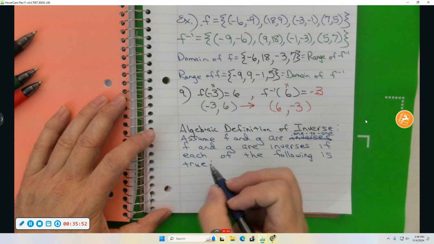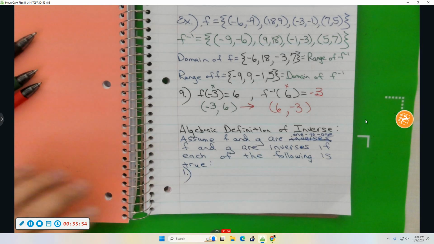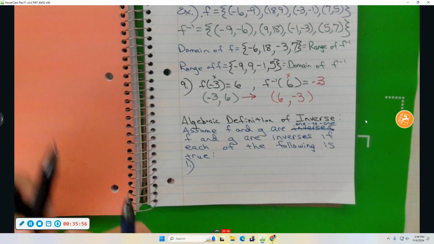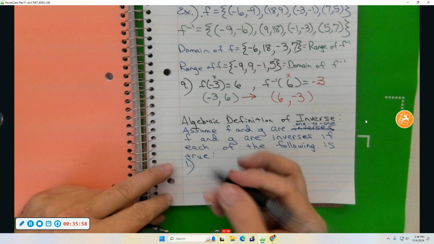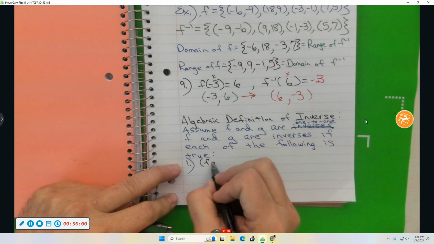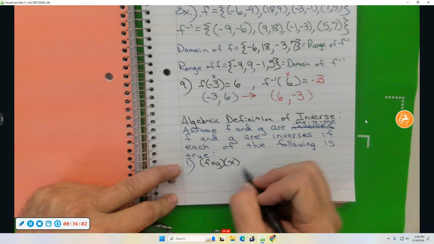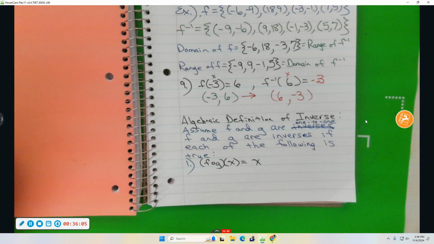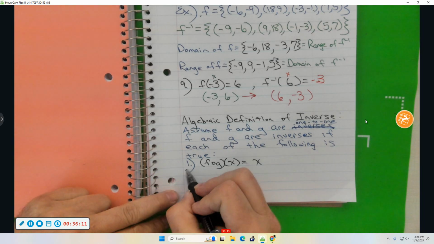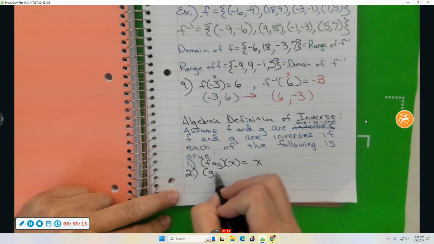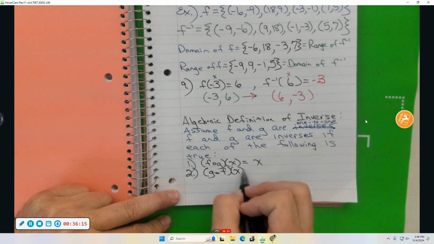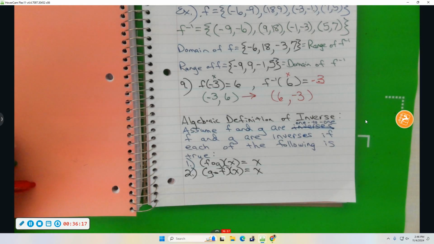There are two conditions. One, if you find f composed with g of x, it has to reduce to x for every x in the domain of g. And if you reverse the composition, if you find g composed with f of x, g composed with f of x reduces to x for every x in the domain of f.